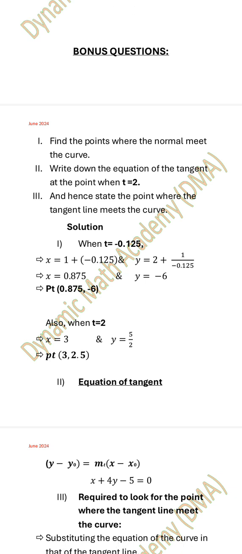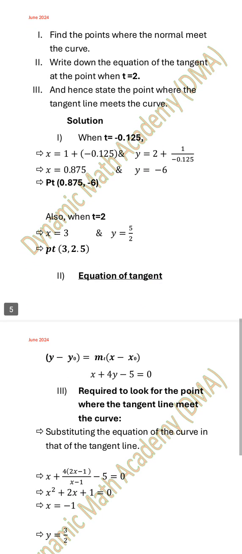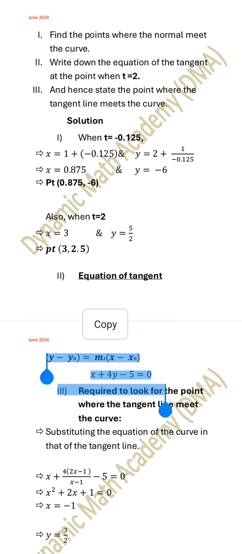Now the next question says we look for the tangential equation. It's the same thing as the equation of the normal. So we have y minus y0 equals mt into x minus x0. Since they said at the point where t equals 2, it means that the values of y0 and x0 will not change. They will be the same.